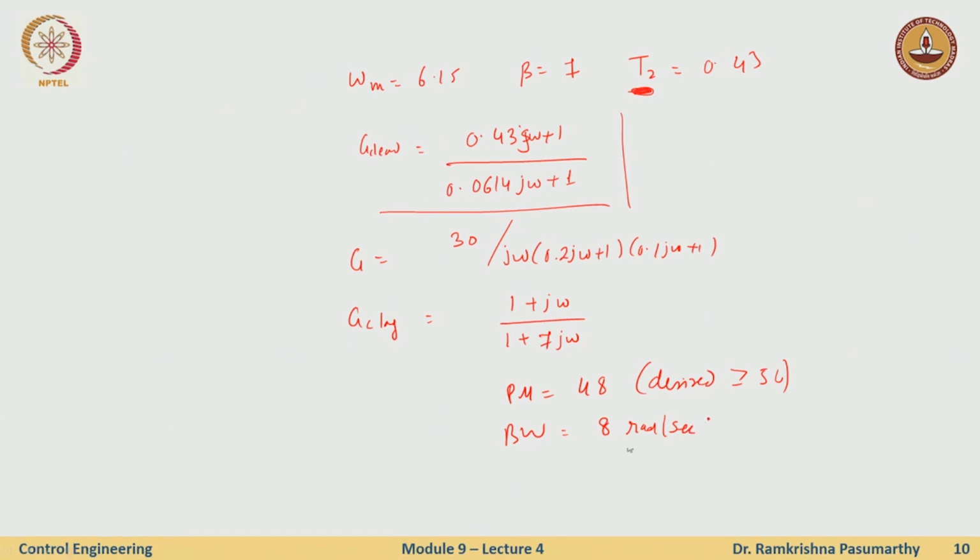Again, this bandwidth is for the open loop case. The closed loop bandwidth would roughly be about 11 radians per second, and we could check this by the Bode plot of the closed loop system, and the desired for us was 12.